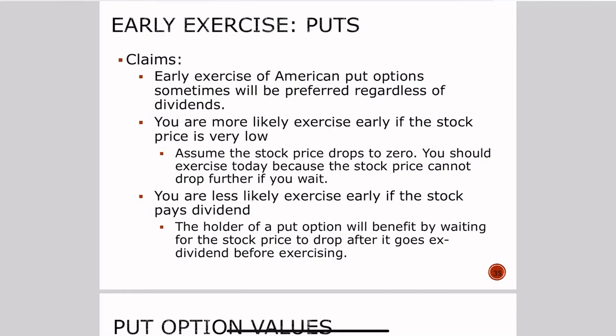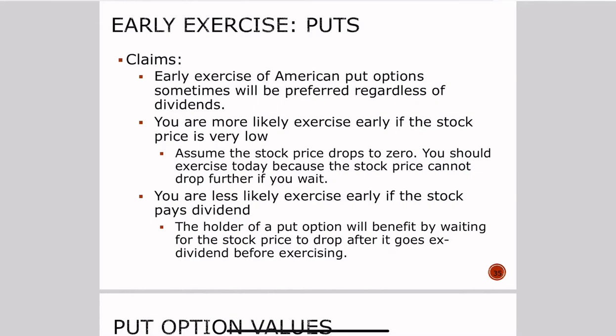Now let's say if you want to wait. If you wait for 1 more year until this option reaches its expiration date, what's your payoff? Well, it's still $10, right? Because there's no way this stock price can drop below 0. So you can see that it's $10 today versus $10 in 1 year.